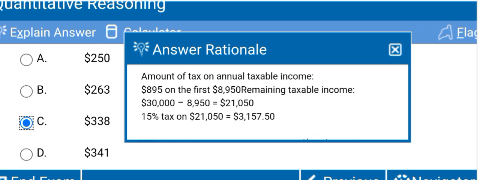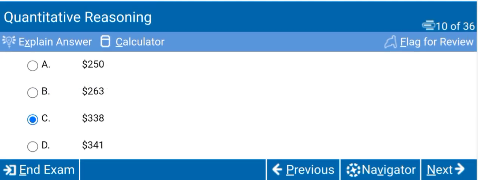Remaining taxable income, 30,000 minus 8,950 equals 21,050. So 15% tax on $21,050 equals $3,157.50. So we have the correct option, option C.